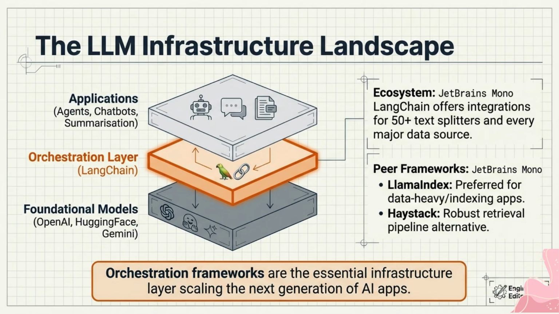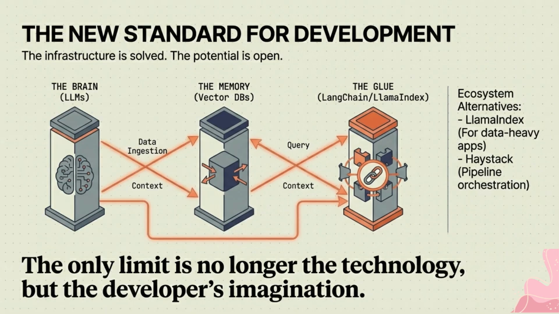Ecosystem: LangChain integrates with 50 plus text splitters and every major data source. Alternatives: LlamaIndex for data heavy apps, Haystack for retrieval pipelines. Key point: orchestration frameworks are the infrastructure layer scaling AI applications. The brain exists. Now it's about how you integrate it into real systems.